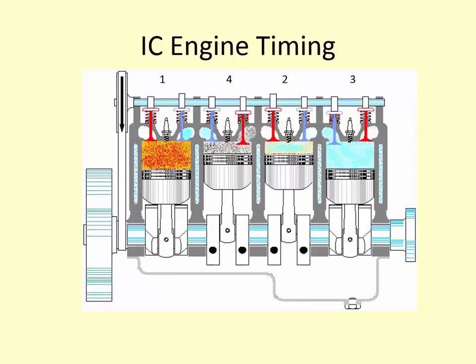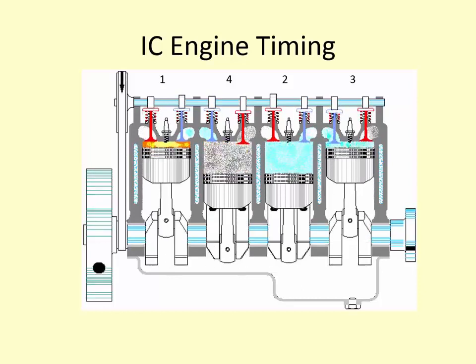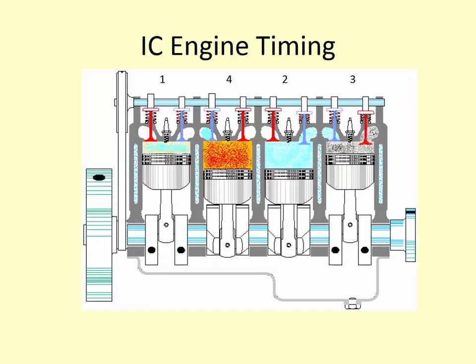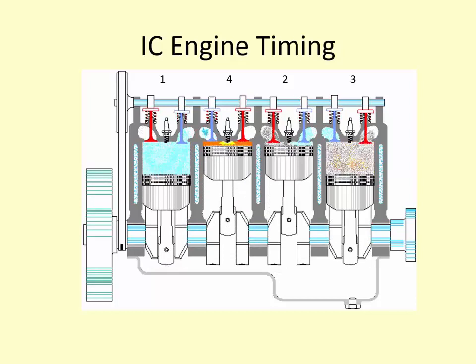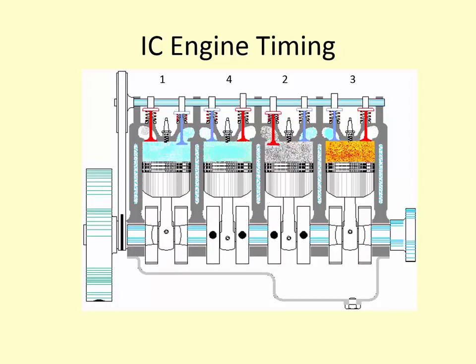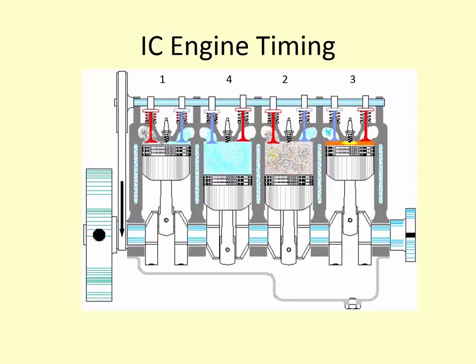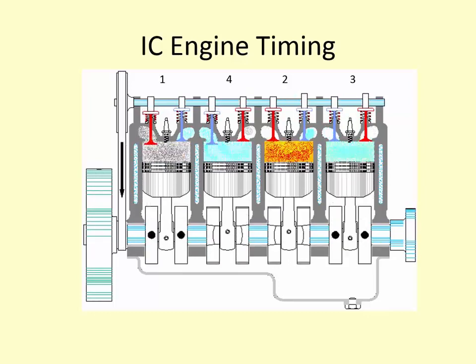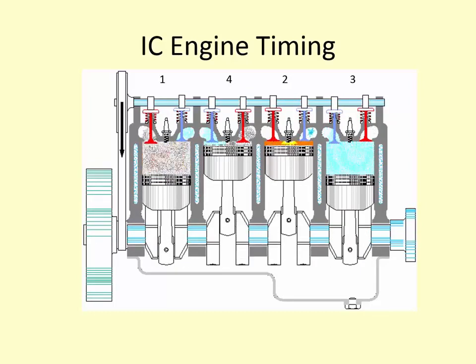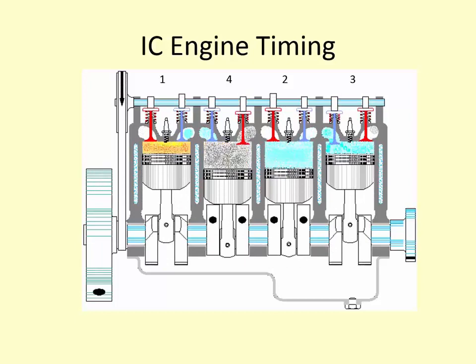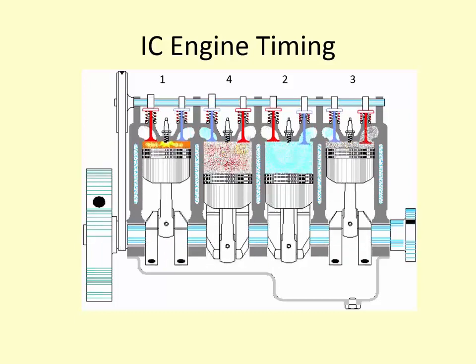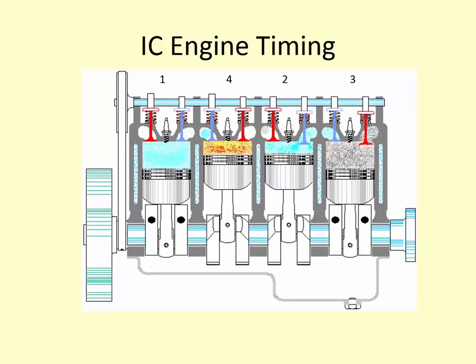So they go 1, 3, 4, 2, rather than 1, 2, 3, 4. And part of the reasoning behind that is that you don't want a forward momentum which you would develop, and you would have additional oscillation in the engine itself if you were firing them all in a linear fashion.